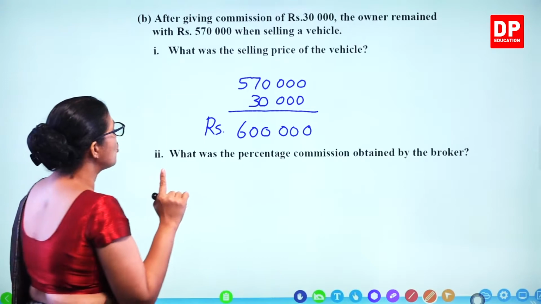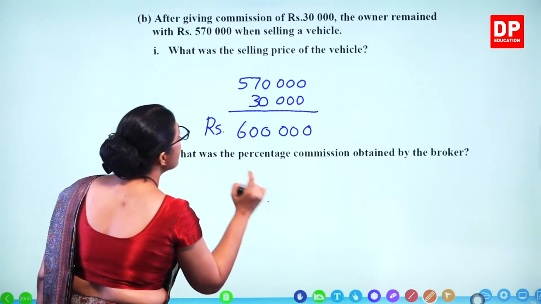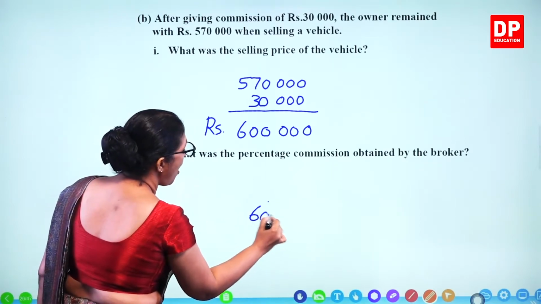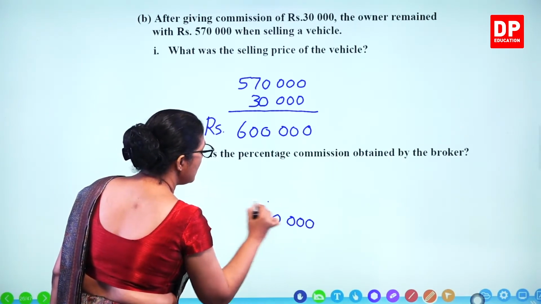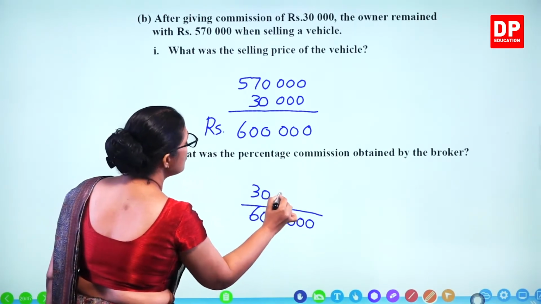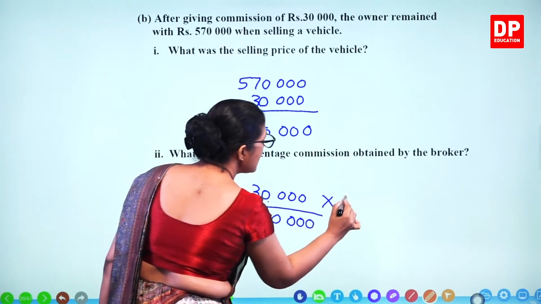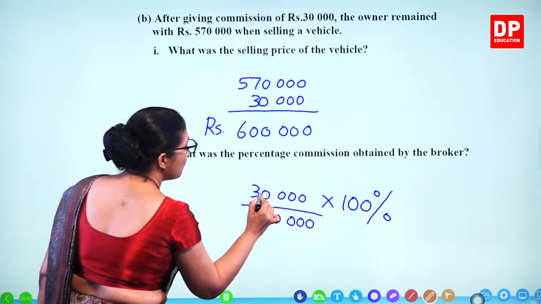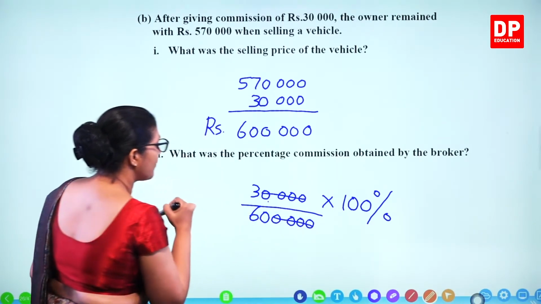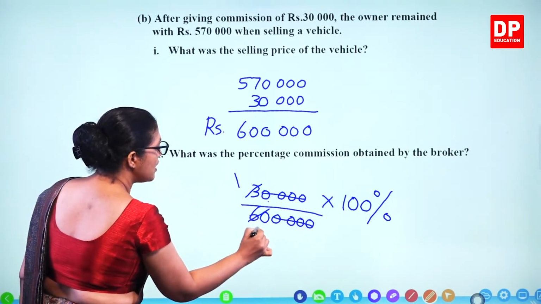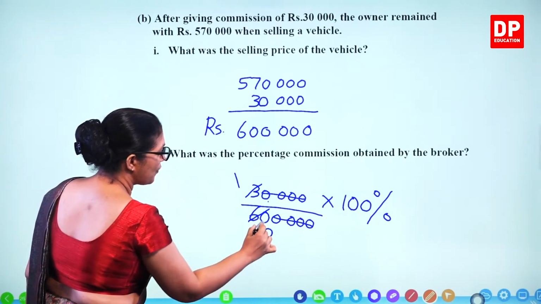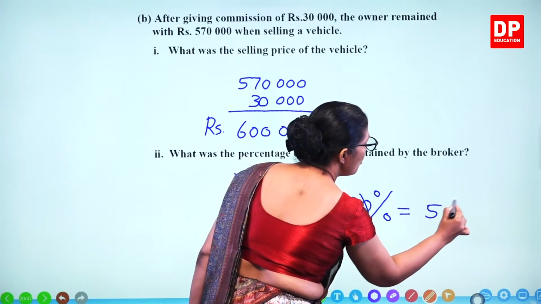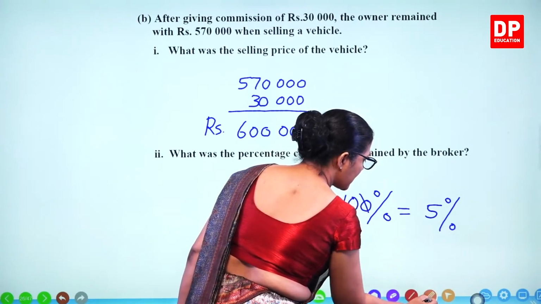What was the percentage commission obtained by the broker? So selling price is 600,000. Out of 600,000, he got 30,000 rupees. As a percentage, you multiply by 100%. 4 zeros and 3 times 1, 3 times 20, 10 divided by 2, you get 5%.